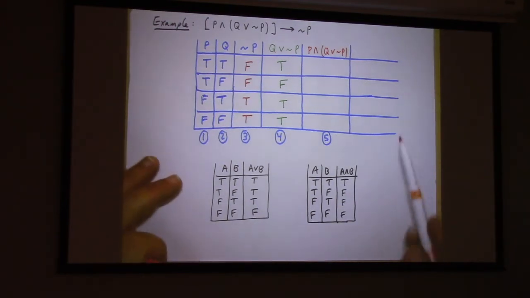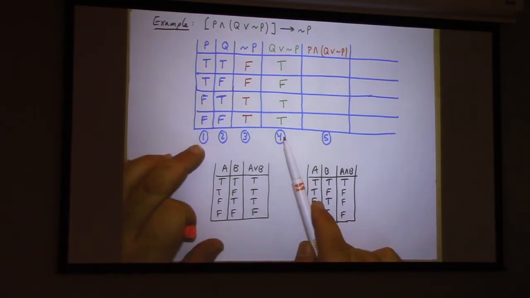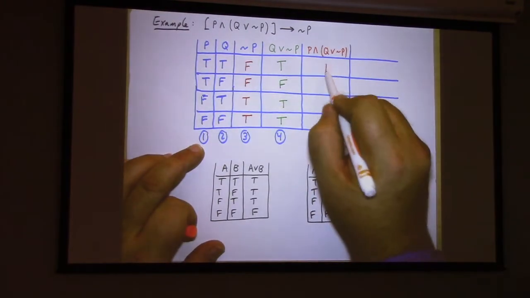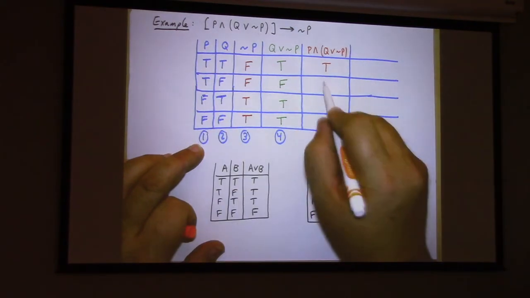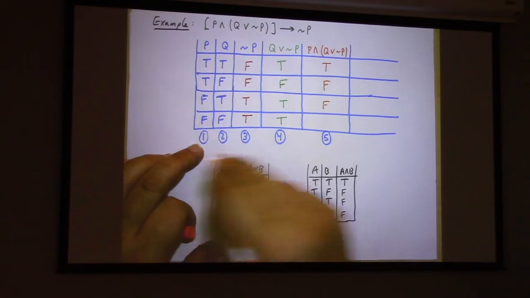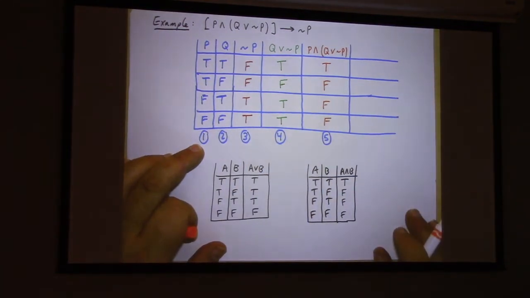Which columns do we need to look at? We need to look at column 4 and column 1, right? So if column 4 and column 1 are both true, it's true. So we get true, false, false, true is false for and, false and true is false. So we get it like that, right?